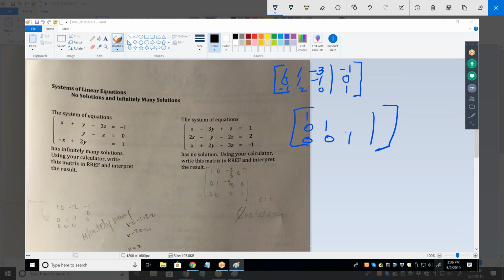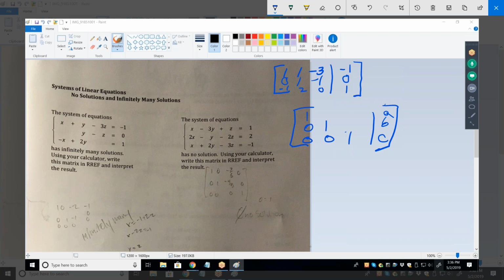Once you get it looking like that, whatever shows up over here, let's call it A, B, and C, then z is equal to C, because once you get zeros on the left and the diagonals are all ones, z is equal to whatever that C is.